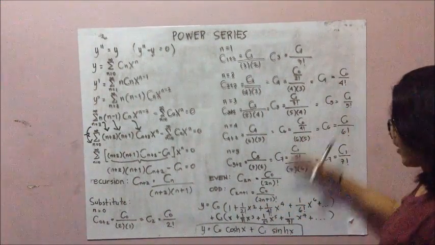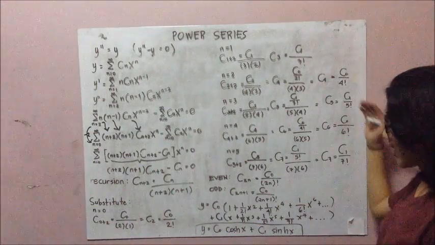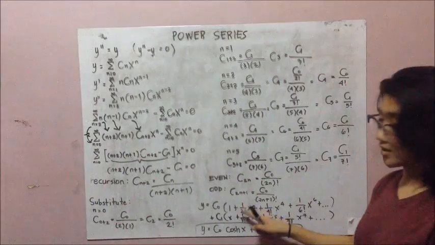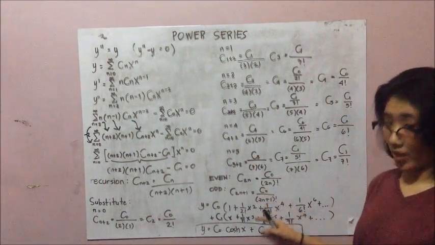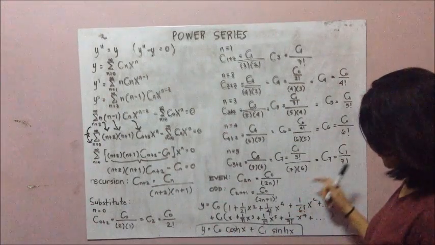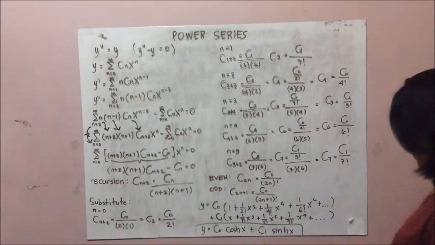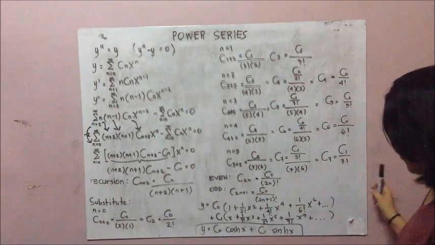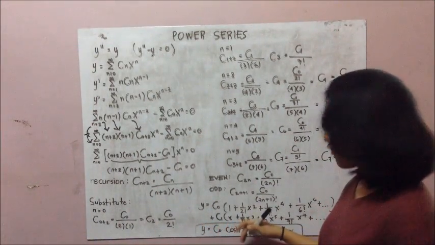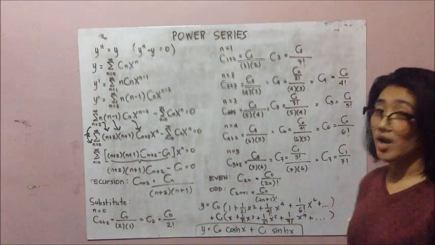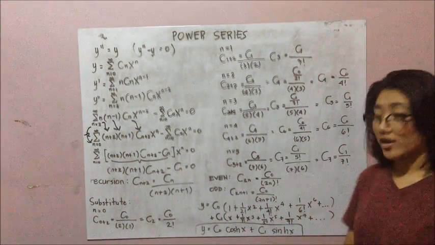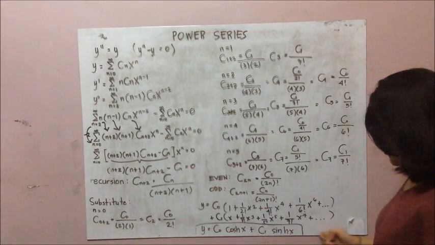Substituting all the values, we come up with y equals c_0 times (1 plus 1 over 2 factorial x squared plus 1 over 4 factorial x raised to 4 plus 1 over 6 factorial x raised to 6 plus so on and so forth) plus c_1 times (x plus 1 over 3 factorial x cubed plus 1 over 5 factorial x raised to 5 plus 1 over 7 factorial x raised to 7 plus so on and so forth).